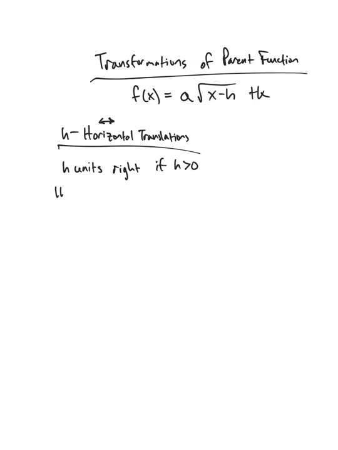It's going to move absolute value of h units left if h is negative or less than 0. Okay, guys, the domain, I know we were just finding domain in a pretty simple manner, but this is a general rule. The domain is x has to be greater than or equal to h.